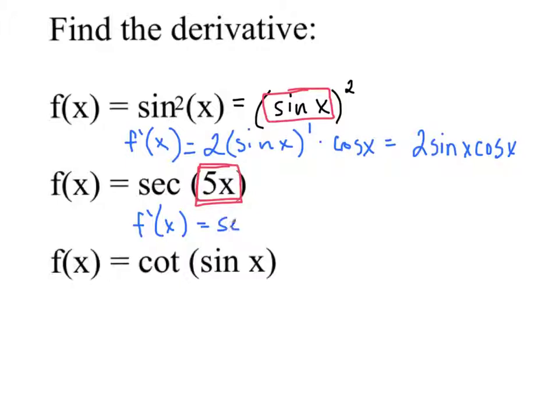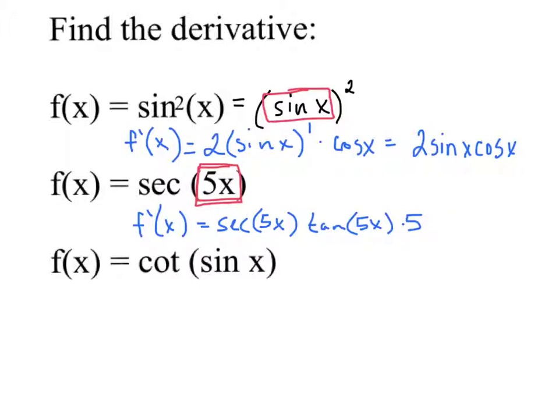So we're going to have the secant, I'm just going to leave that open for a second, the tangent, that open for a second. And remember, the inside stays the same. So it really is just going to be a 5x in both of those. And then I'm going to multiply by the derivative of what's in that red box, which is just 5. And that's it.